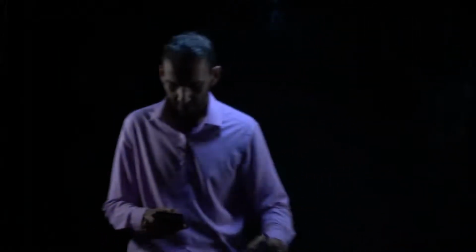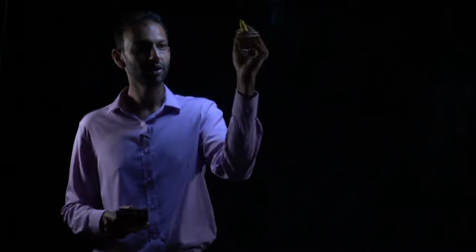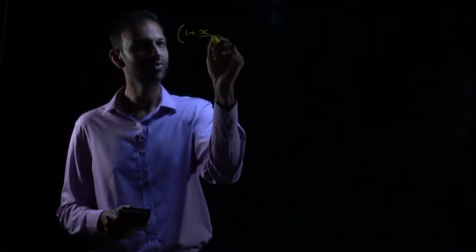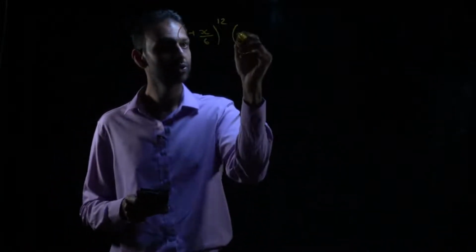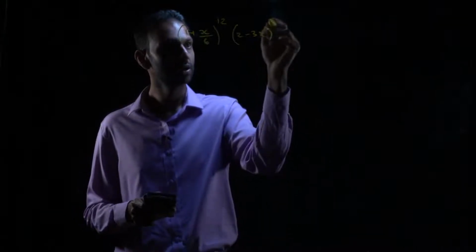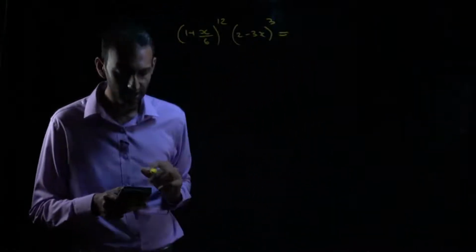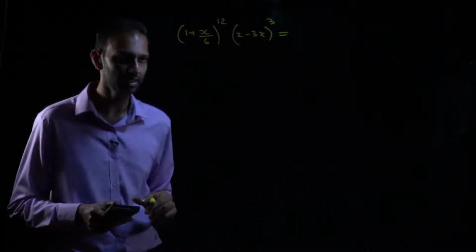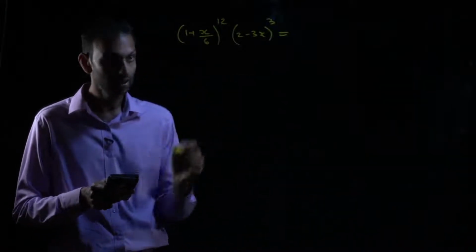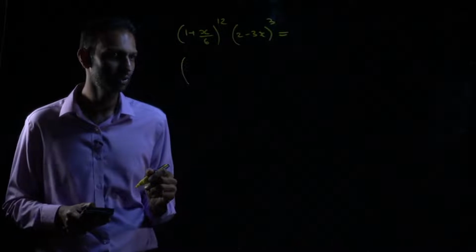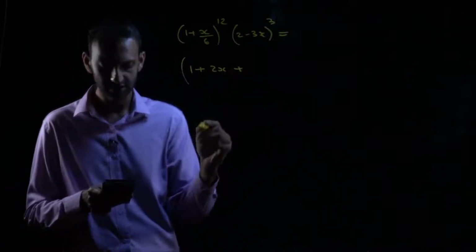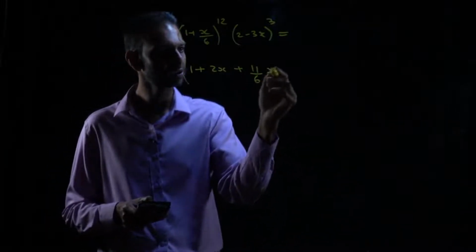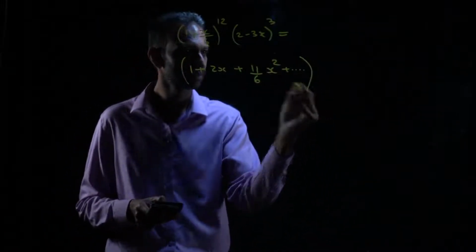Okay, guys, let's come back. Now the last stage, we need to do the product of 1 plus x over 6 to the power of 12 multiplied by 2 minus 3x to the cube. And that's equal, I'm going to change line so that we have space to work it out. It's equal to, for 1 plus x over 6 to the power of 12, it was 1 plus 2x plus 11 over 6 x squared plus dot dot dot.